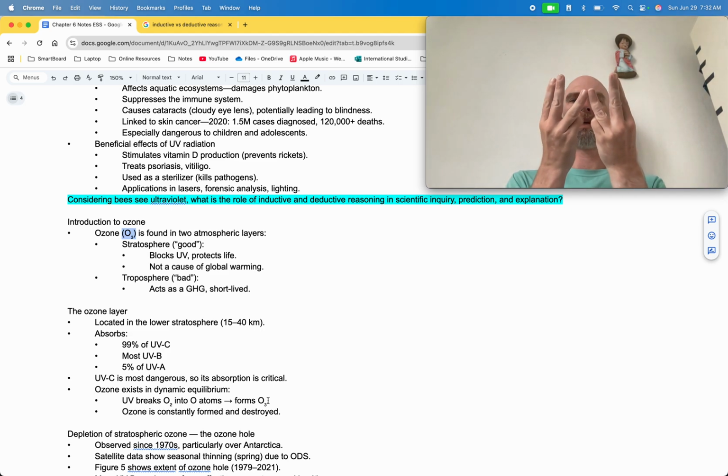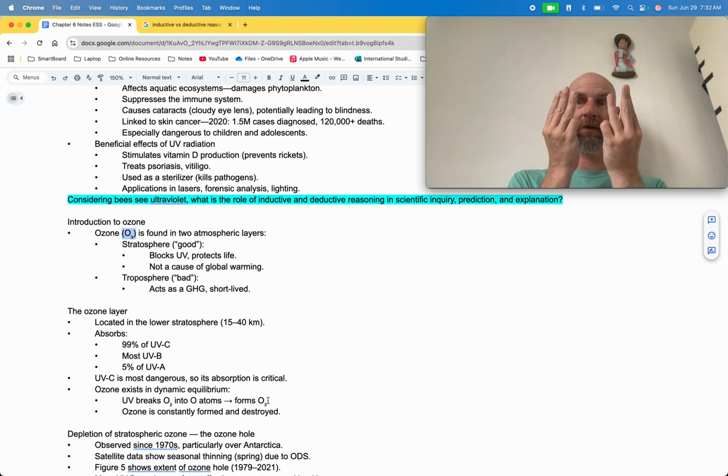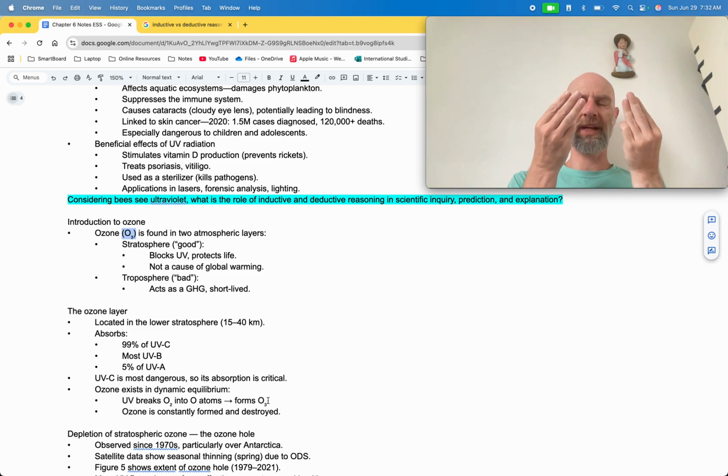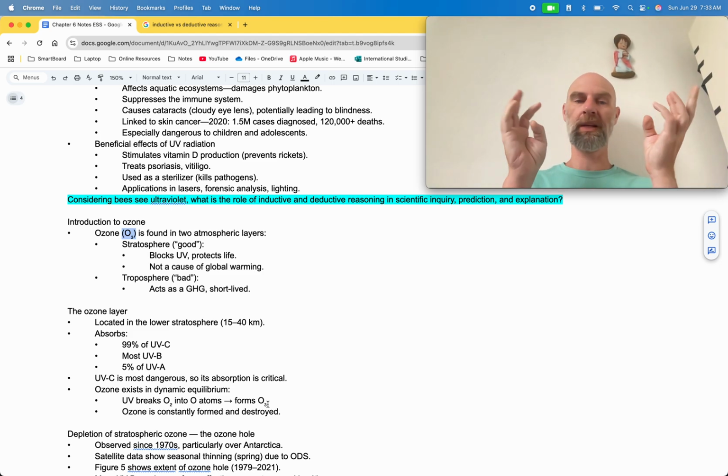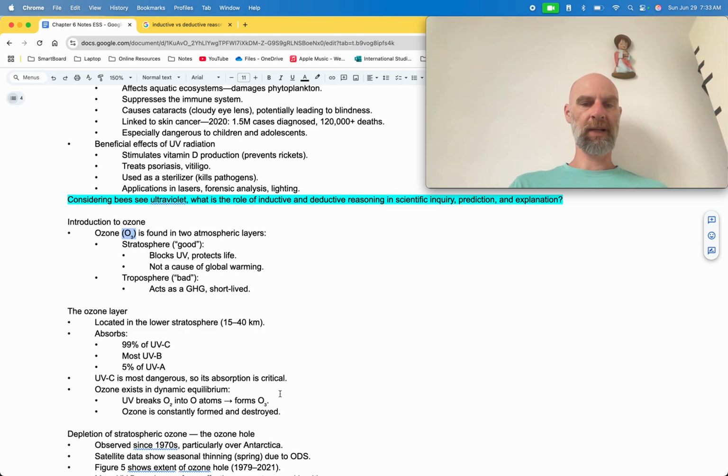You've got O2 units, and then these break, and now they're free, and now you can form O3, where before you just had oxygen, which is O2. So ozone is constantly formed and destroyed. It's like fireworks. They form, they deform, they form, they deform, which makes it kind of hard to measure, I'd imagine.